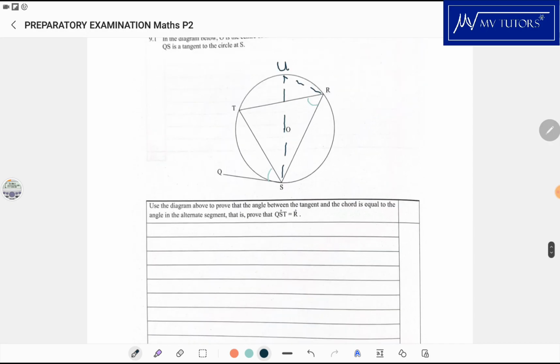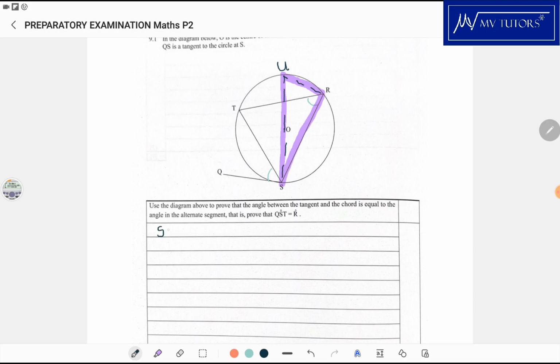Okay, so now let's highlight the diameter itself. So it's going to be there, there, and there. And what do we know about that whole angle of R? We know that that angle is equal to 90 degrees. We're going to call it SRU.